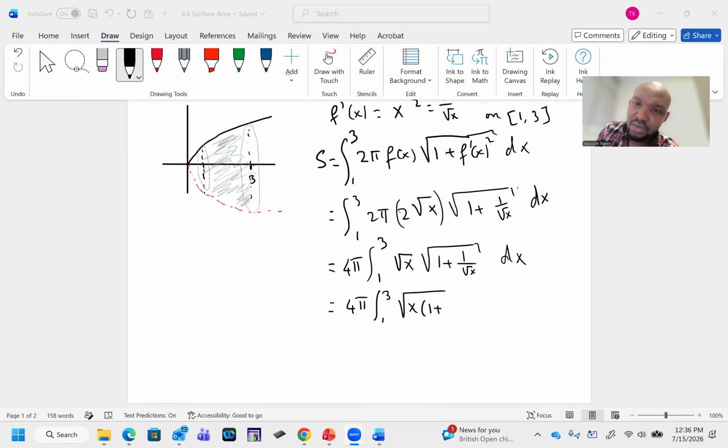oh my bad, I forgot to square this. There will be no square roots because it is f prime of x squared, so this will be just x, right? This will be just x. Once you square 1 divided by square root of x, it will just be 1 divided by x.